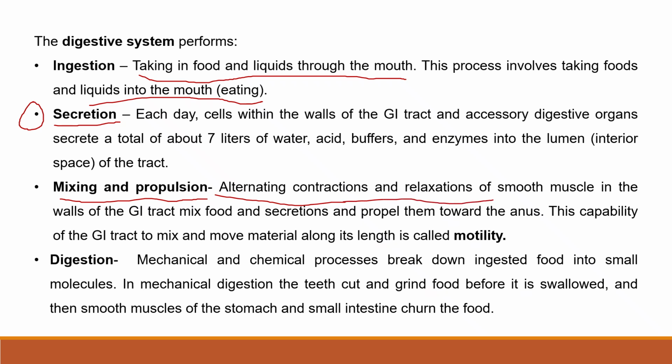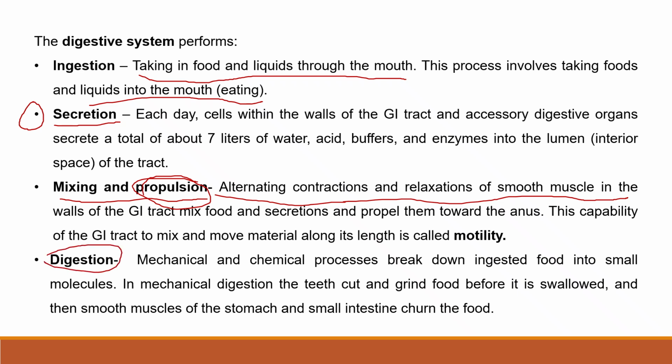So there will be movement of the food particles. That movement you can call propulsion. And mixing means the food you have taken, either as a bolus or in another form, which I will explain in the further slides, will be mixed with the enzymes and the acids. That's mixing, and the other function is propulsion, the motility or movement of the food from one part to another part.